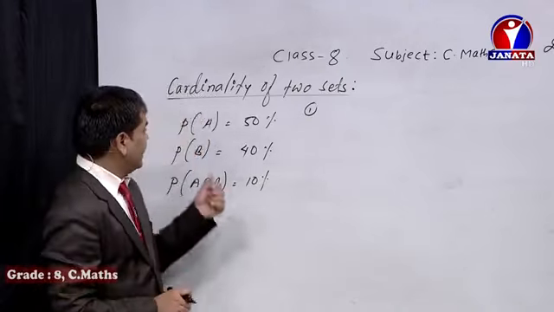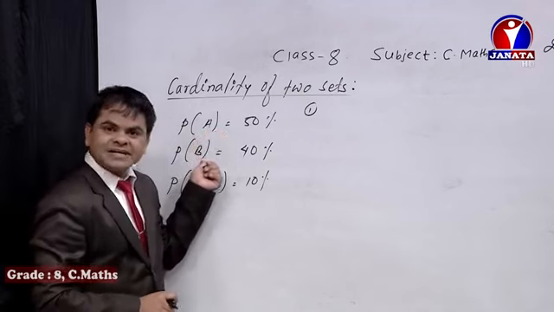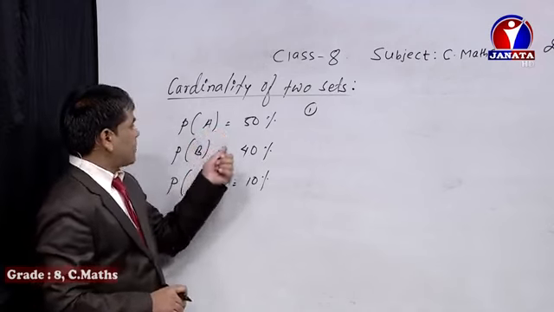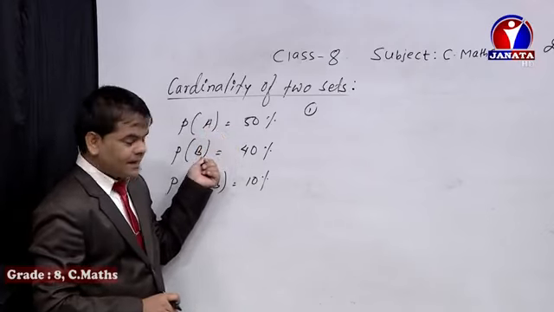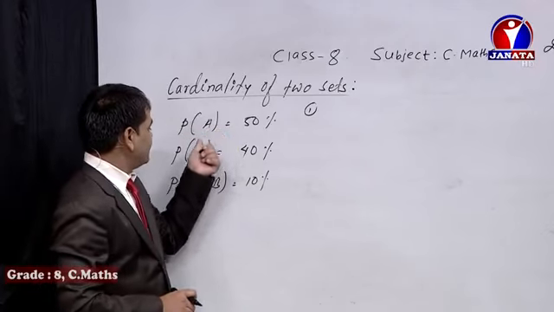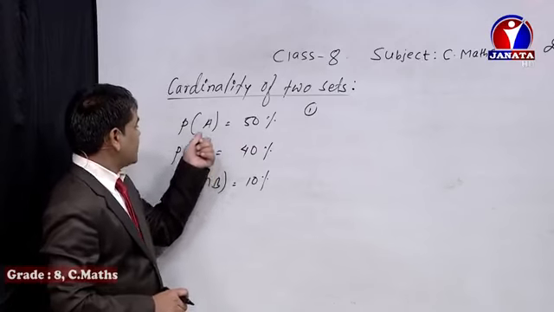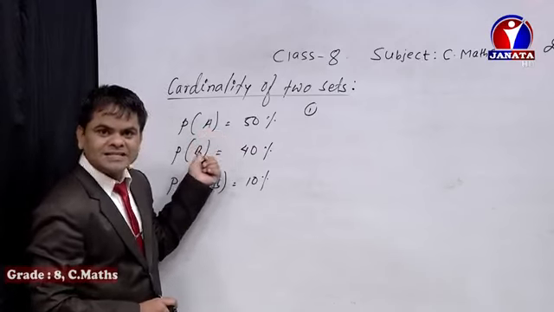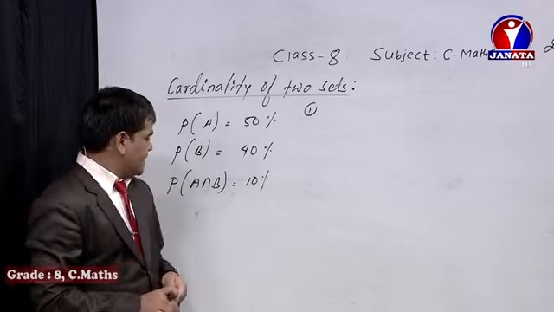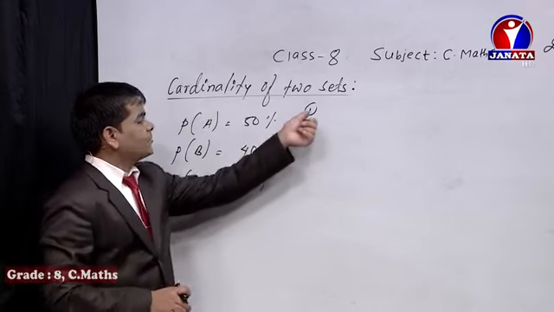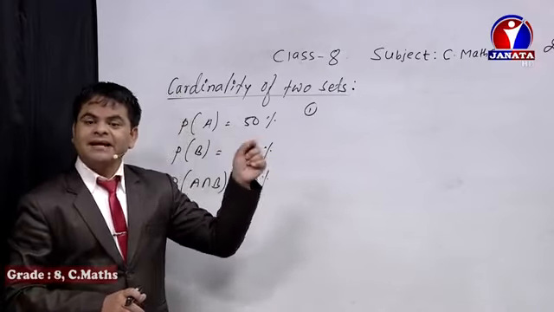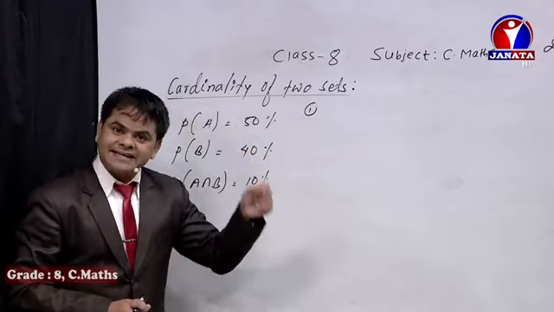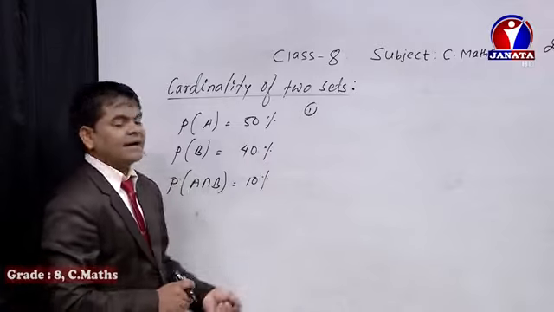So do write there, let A and B represent the percentage of people who like apple as well as banana respectively. And then write there, representing the above information in a Venn diagram.